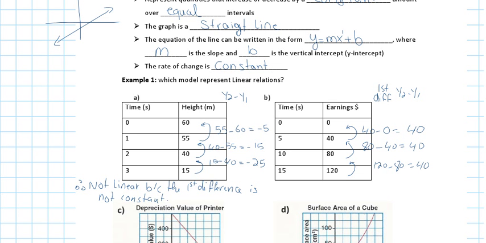So the first difference is constant, therefore it's linear.